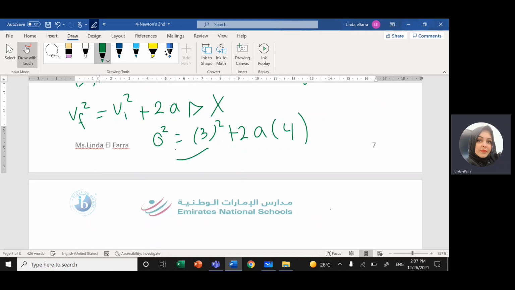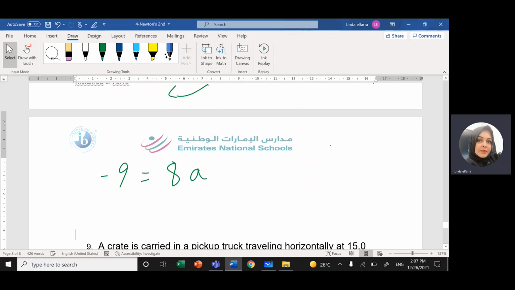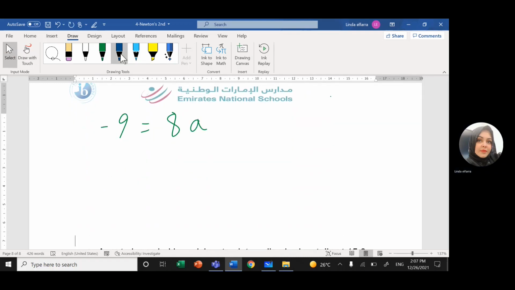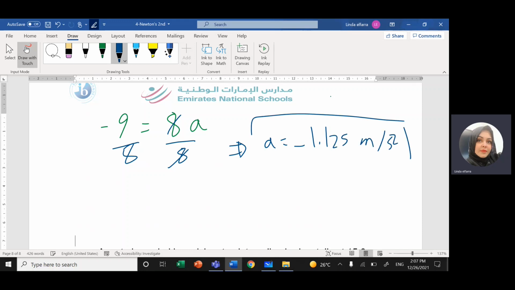Take this one to the other side. So I will have minus 9 equals 2 times 4, which is 8, times a. Divide both sides by 8. The acceleration will equal minus 1.125 meter per second square.